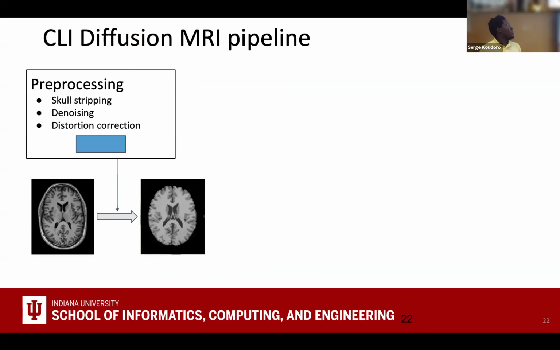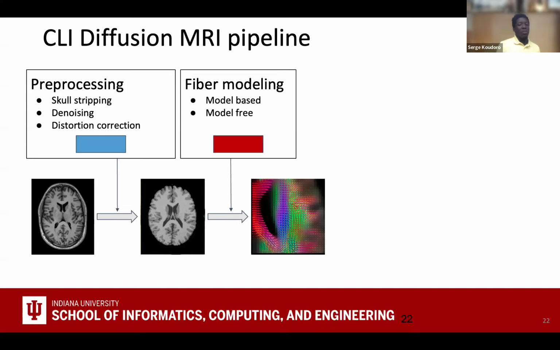So a diffusion MRI pipeline always starts with a pre-processing step. This is the most important part, I think, in diffusion almost. Yeah, this is really the most important part. The goal is to standardize your data, knowing that your data are always different between every single scan. You need to do this processing to standardize your data. Then after that you have the fiber modeling, where, when we have standardized data, we want to model the water movement of the brain.